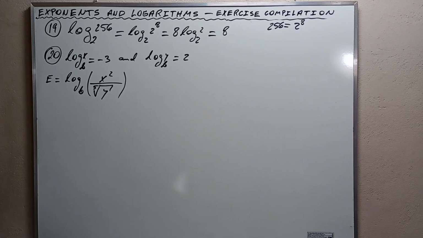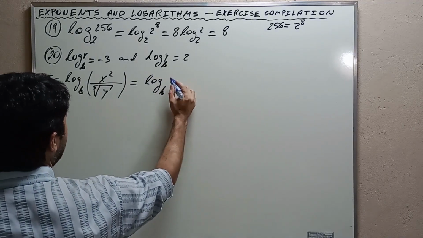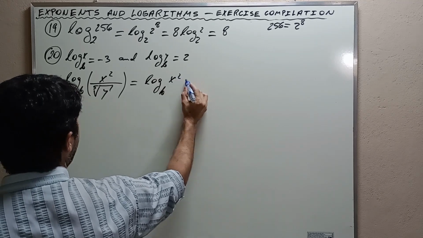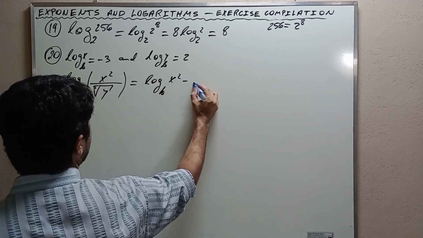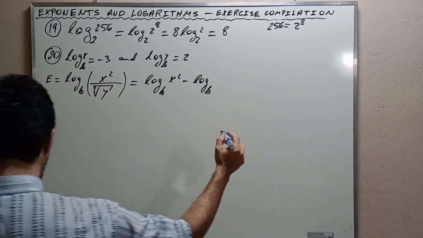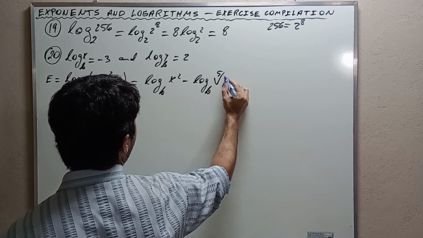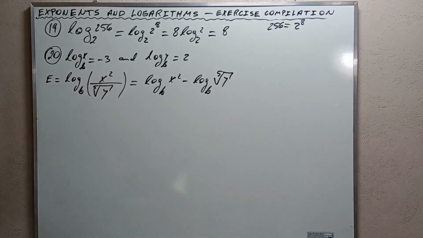This is what we are going to do, and we are going to use the property of division. It is then the logarithm base b of x squared minus the logarithm base b of the 5th root of y. Okay?